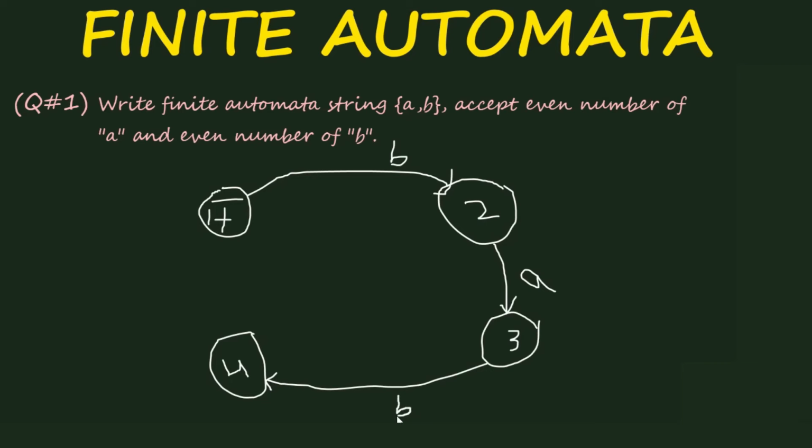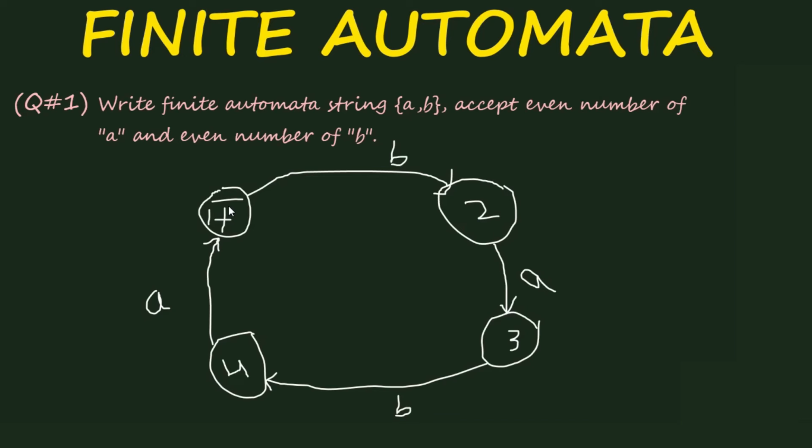To be completed, if we pass A on state 4, it will reach state 1. This is the final state, and 2 A's and 2 B's are completed, even number. And if we pass null, it will stay on state 1, and 0 is an even number.